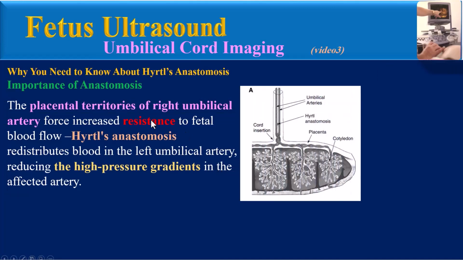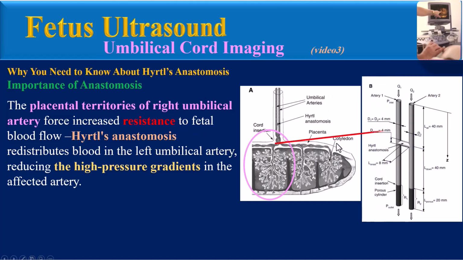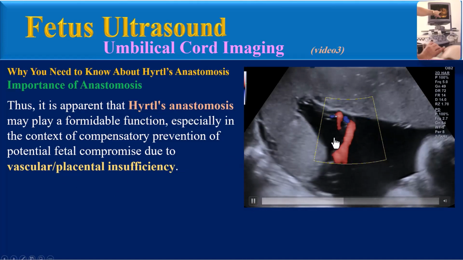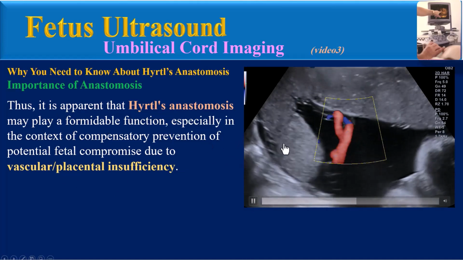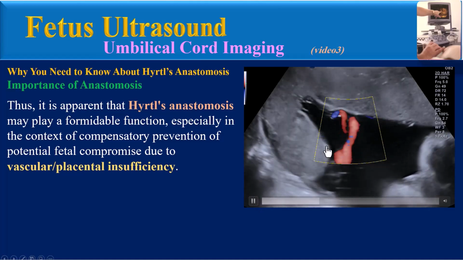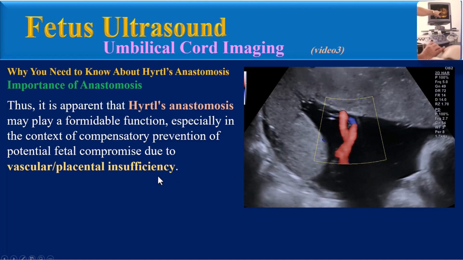The placental territories of the right umbilical artery first increase resistance to fetal blood flow, but the Hyrtl anastomosis redistributes blood in the left umbilical artery, reducing the high pressure gradients in the affected artery. Thus, it's apparent that Hyrtl anastomosis may play a formidable function, especially in the context of compensatory prevention of prenatal fetal compromise due to vascular placental insufficiency.